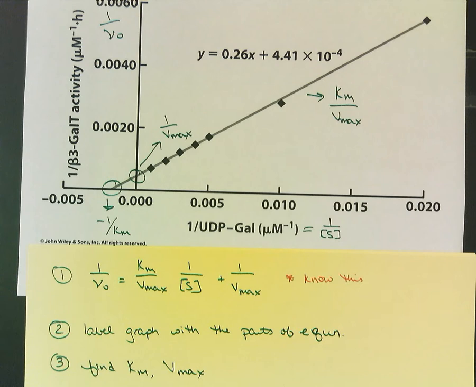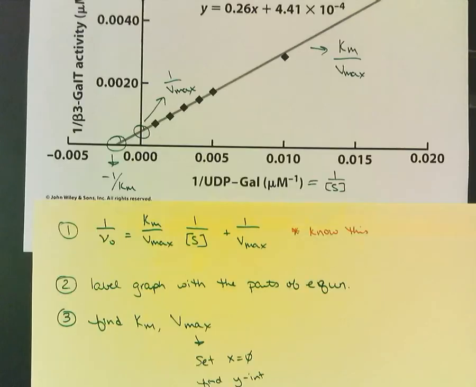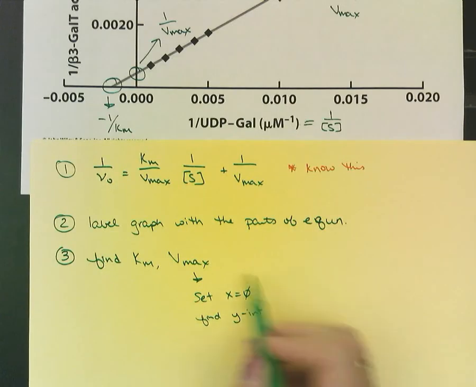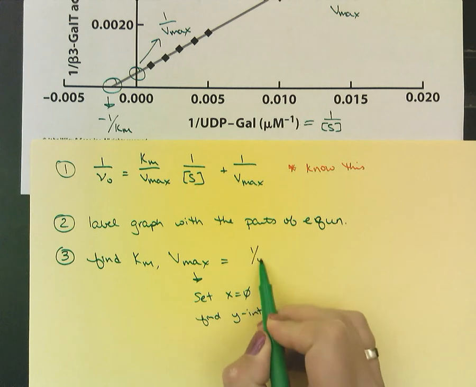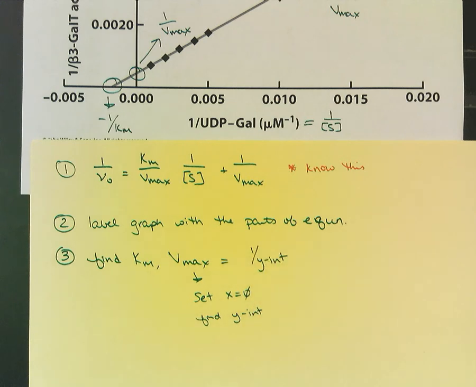How would I figure out what Vmax is? It's the inverse y-intercept. So what would I set x to find the y-intercept? So Vmax is just the inverse y-intercept.